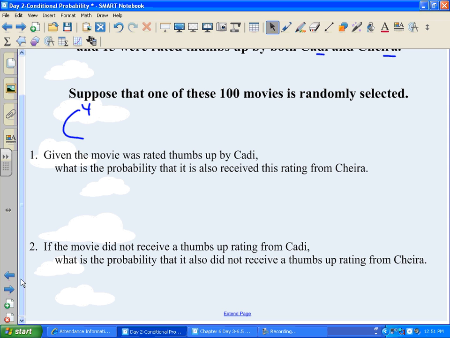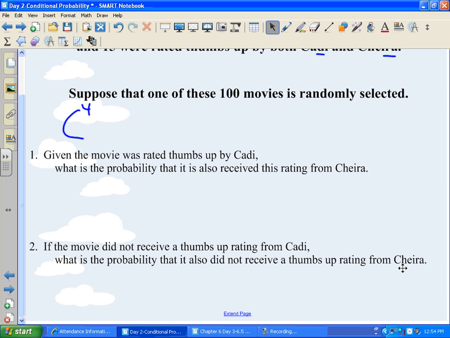Given the movie was rated thumbs up by Katie, what's the probability it also received this rating from Kira? Conditional probability here. You go ahead and calculate it. There's 100 movies they watched over.